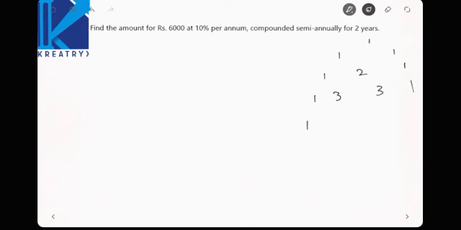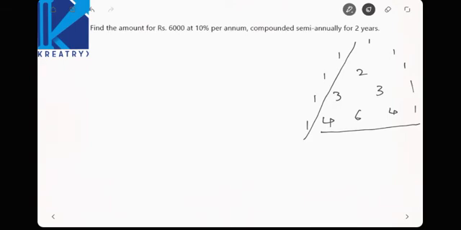Compounded semi-annually for 2 years means it has to be compounded 4 times. Observe the 4 row in the Pascal triangle. Remove all the ones, start from 4 and take all these values.